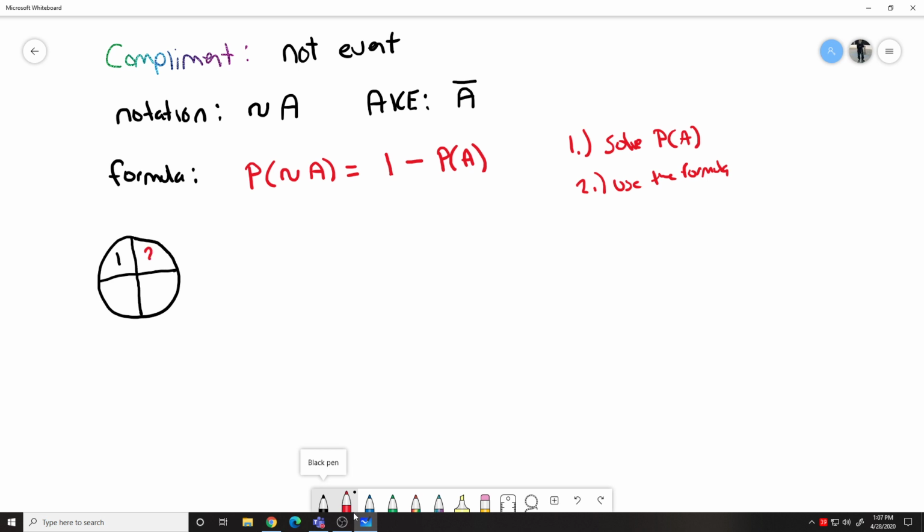Then we're going to have a red 2, a blue 3, and a green 4. I didn't want to color them in, so I just used the labels. But we've got a red section, a black section, a blue section, and a green section on the wheel. They're all equally divided amongst the 4 things. So each section of the wheel is exactly 25%. It's divided evenly into 4 sections of different colors.